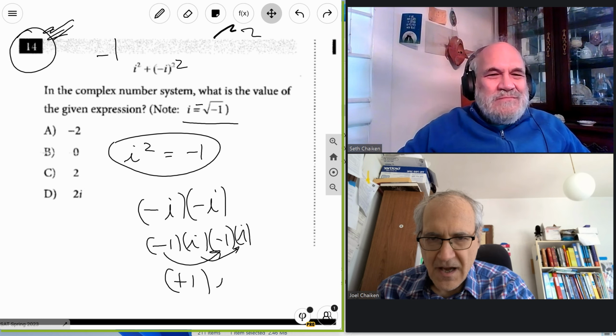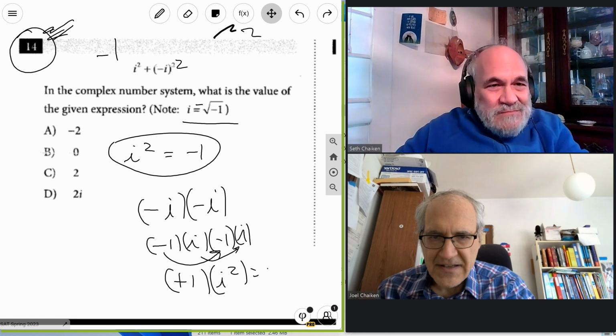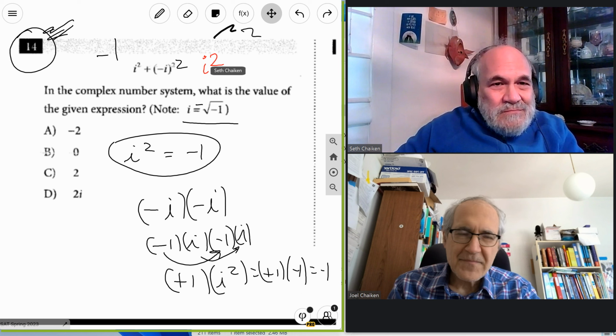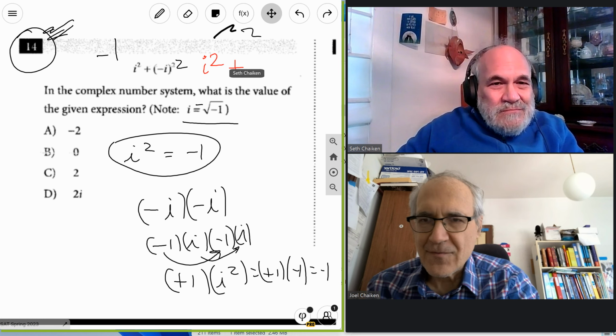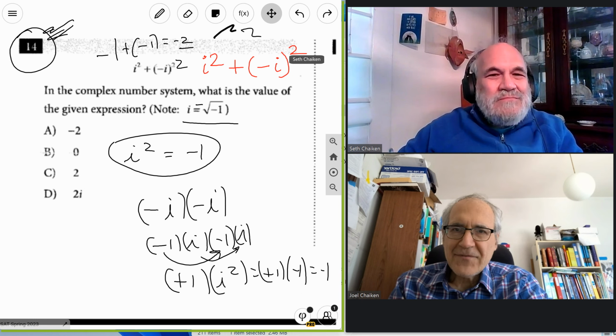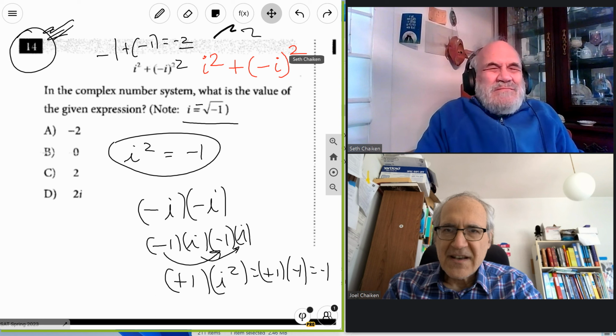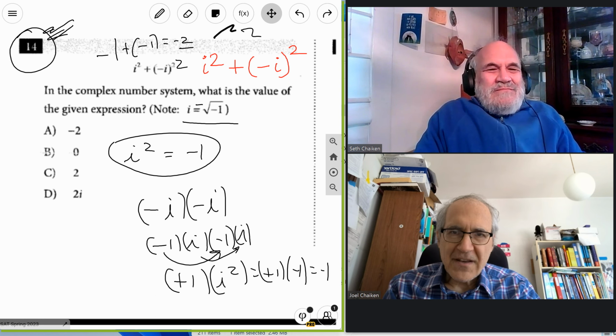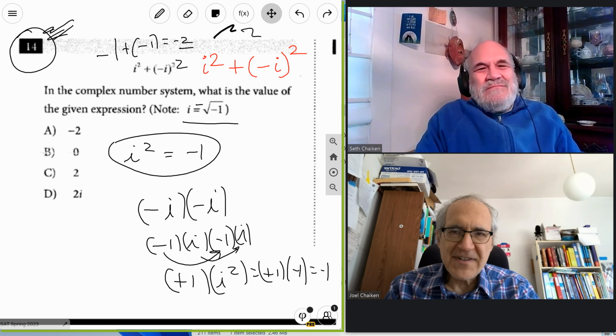That's i squared, and that's plus 1 times negative 1, which makes negative 1. So you have negative 1 plus negative 1, which makes negative 2. And you have to be aware of integer arithmetic with negative signs. So it looks like the answer is negative 2.